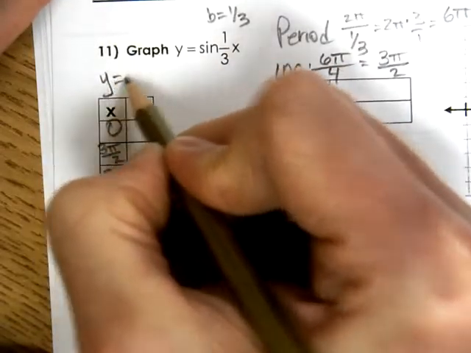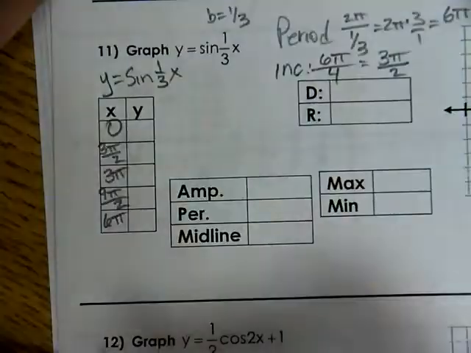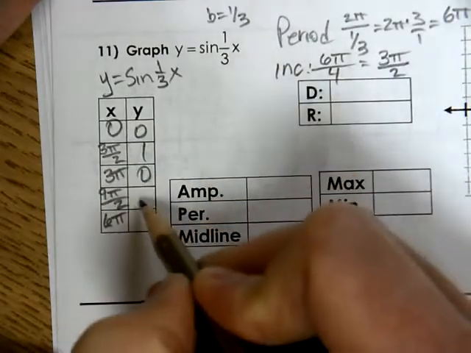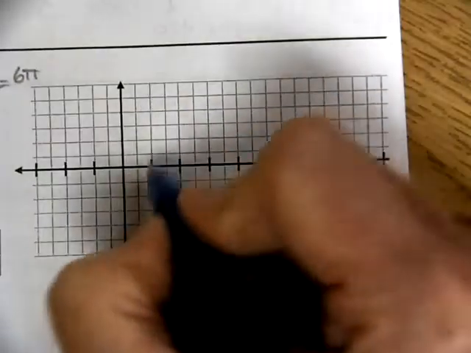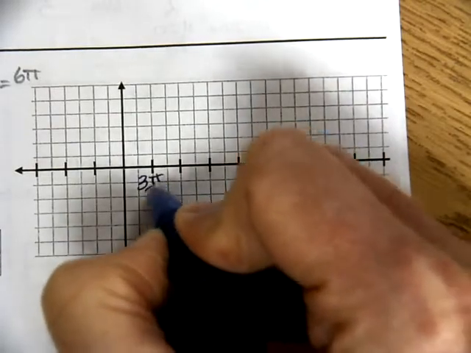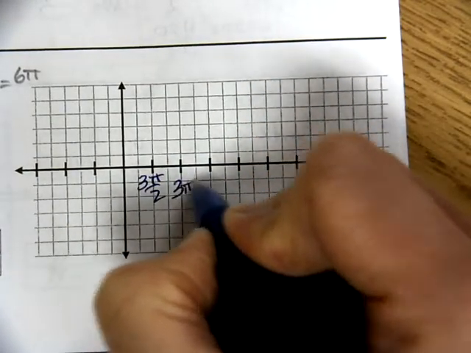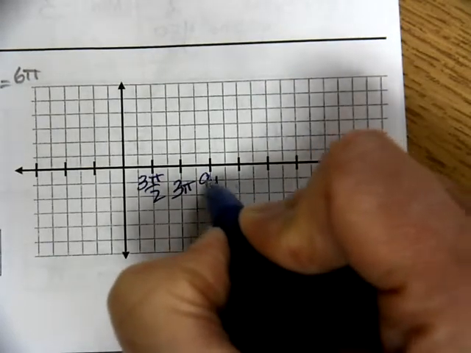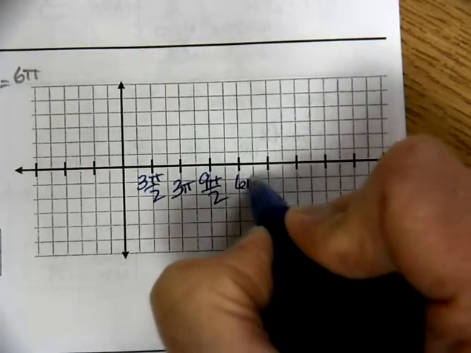So we just have the one graph to do. So sine goes from 0, 1, 0, negative 1, back to 0. We have 0, pi over 2, then we have 6 pi over 2, then we have 9 pi over 2, then we have 12 pi over 2.